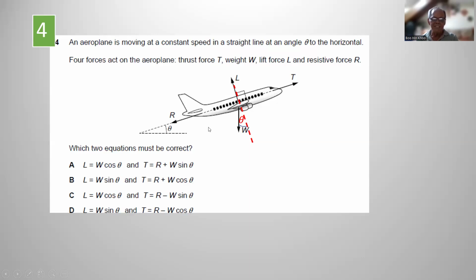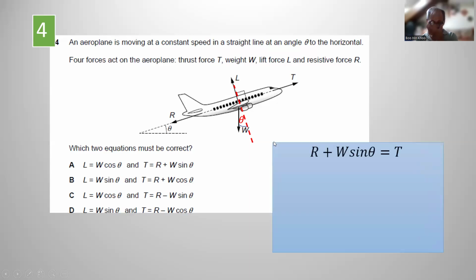This angle is theta. This angle is also theta. Right? T equals R plus a component of weight in this direction. W sin theta equals T. Lift L equals W cos theta. Then we just check whether there's an answer or not. Right? A is the answer.